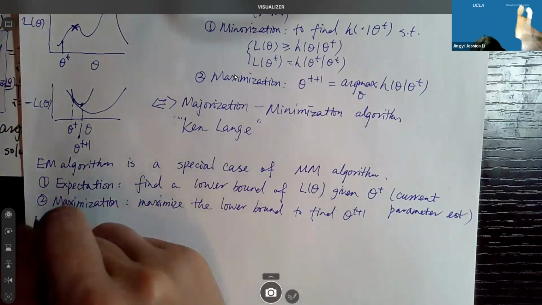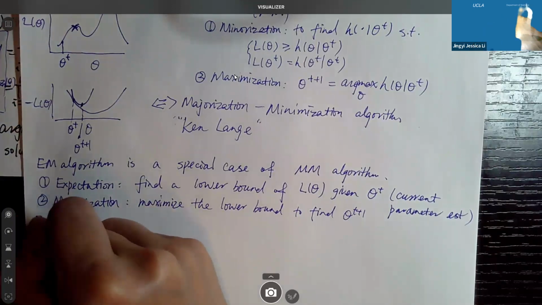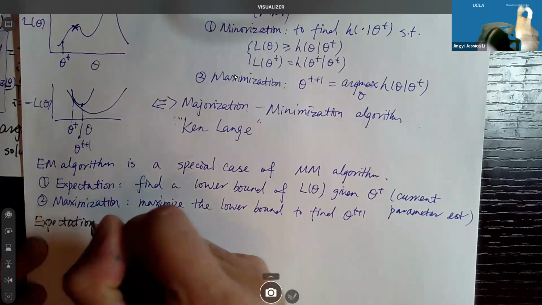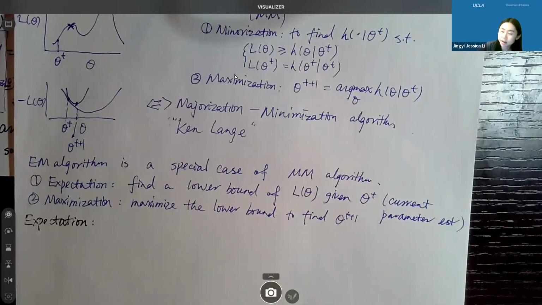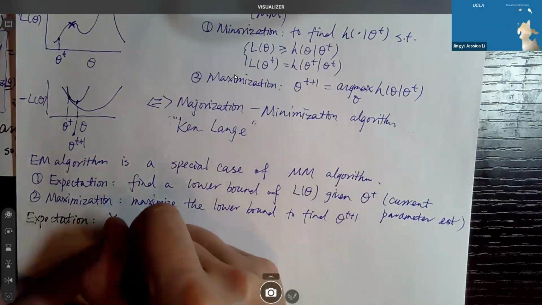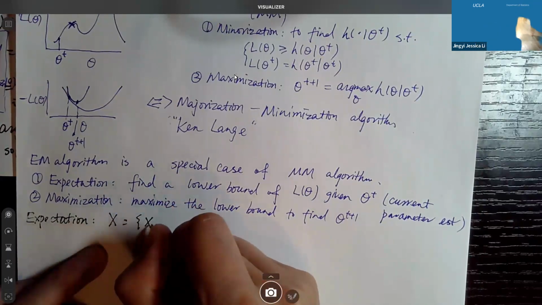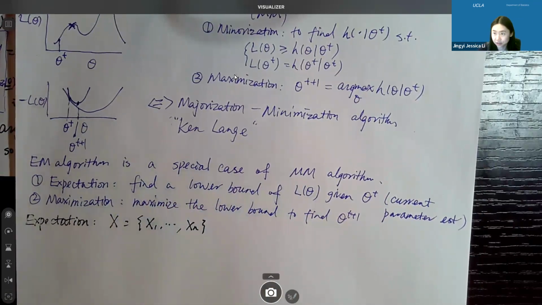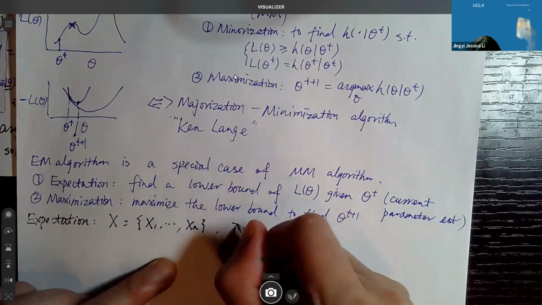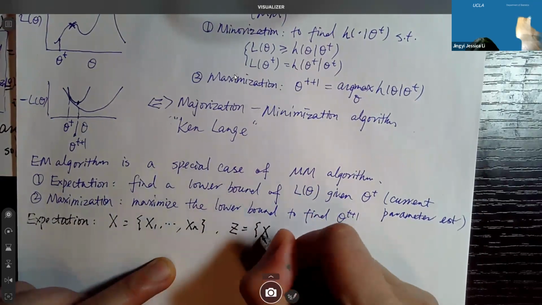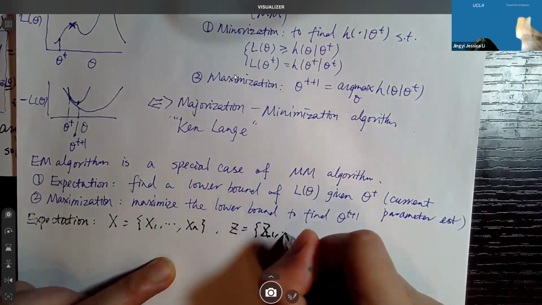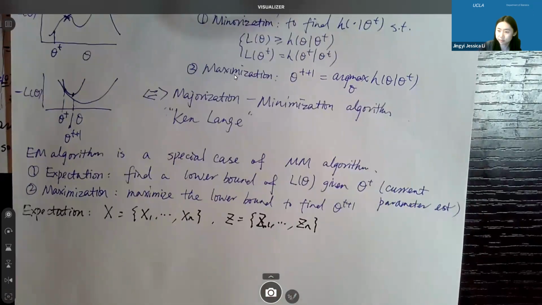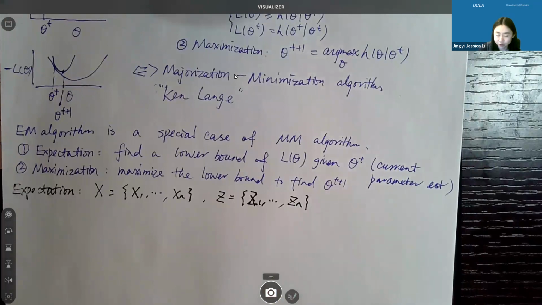So regarding the expectation, now let's think about our target function. I will simplify my notation a little bit. I will just refer to the feature vectors of my n observations as a set X. And I will refer to the latent labels of the n observations, Z1 to Zn, as Z. So this can simplify my future notation.